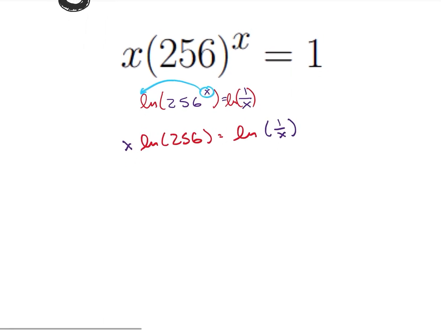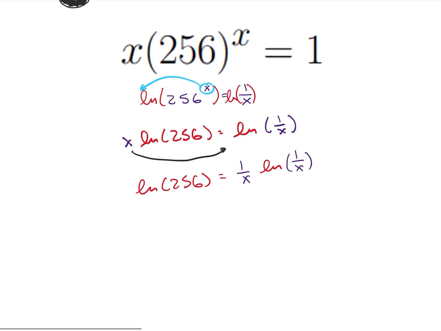That's a good start. Then I can divide by x to the other side, and I end up with the natural log of 256 is equal to 1 over x times the natural log of 1 over x. Then using that same log rule, I can now bring this 1 over x back up to the exponent.